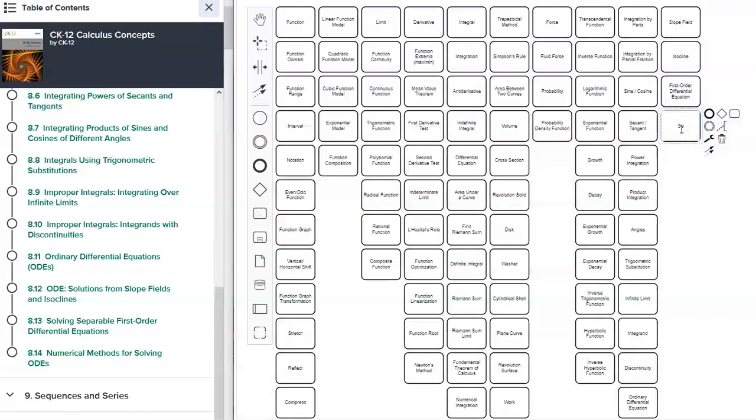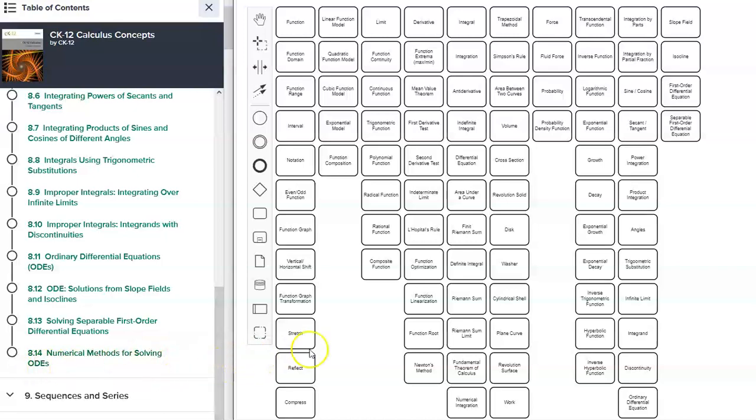There must be something called a separable first order differential equation. So it sounds like the first order differential equation can be separated into more than one thing. And then numerical methods for solving these.